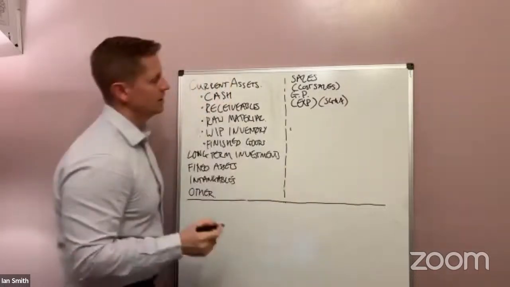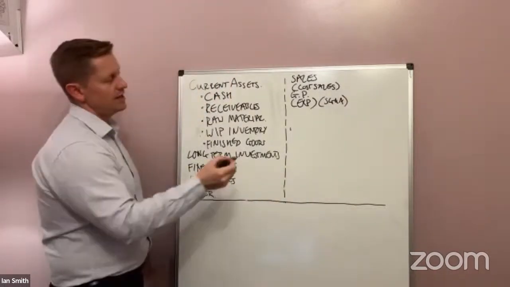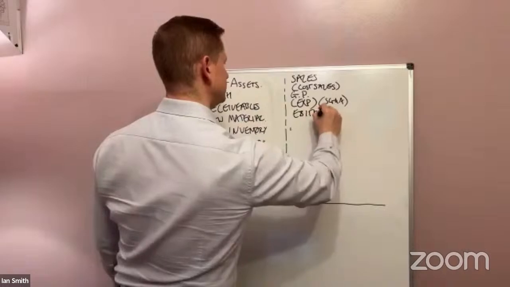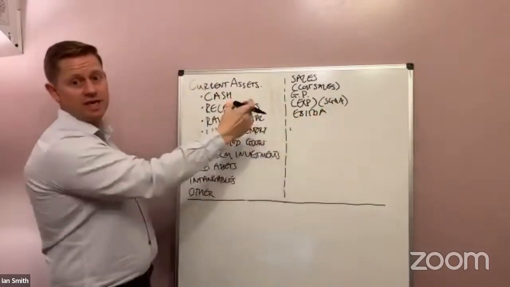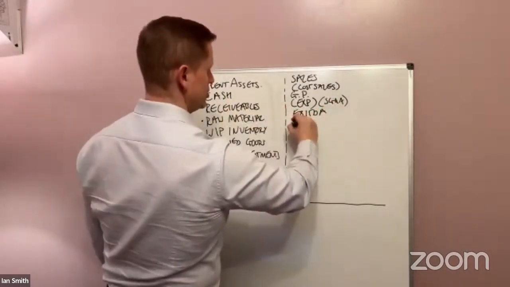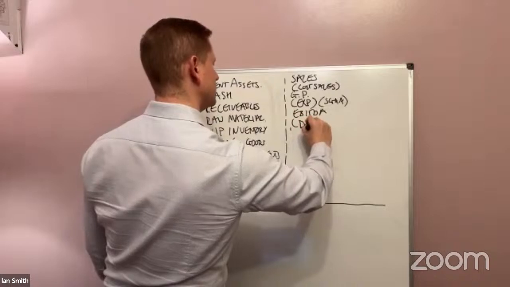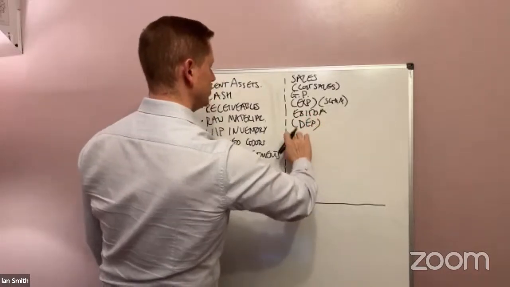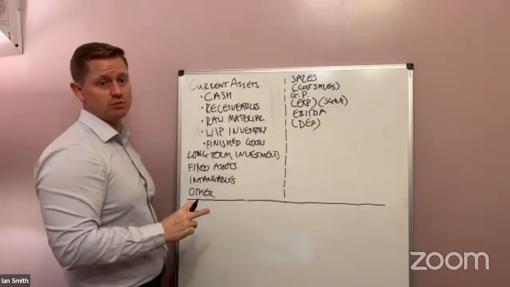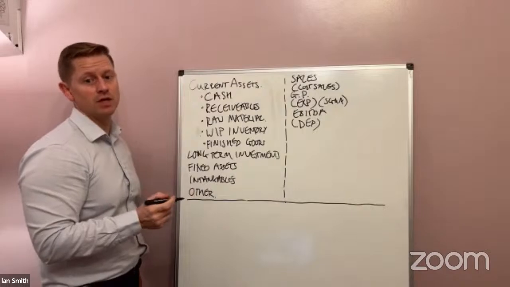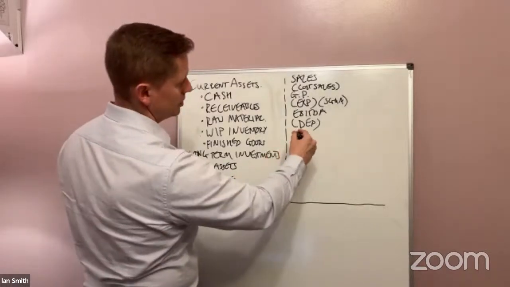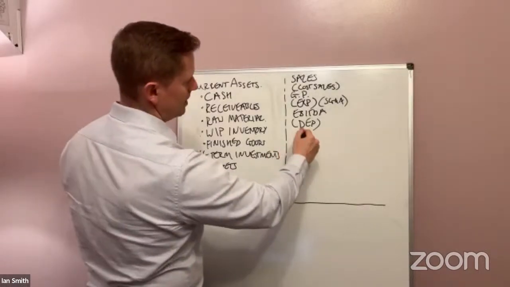Then you will have EBITDA. And then after EBITDA, you've got depreciation, which is another minus. We're going to touch on why depreciation is important when we look at net assets as well. Then you have EBIT.